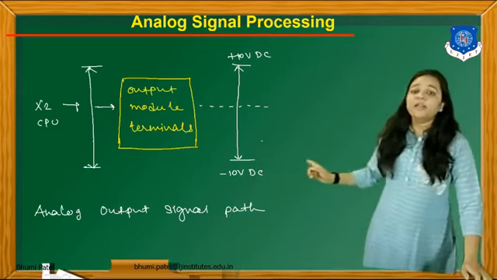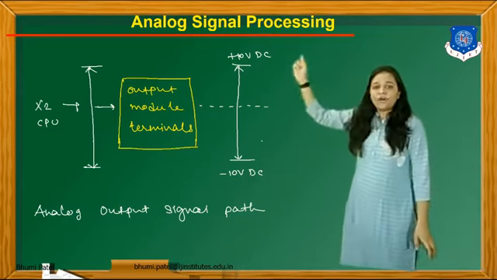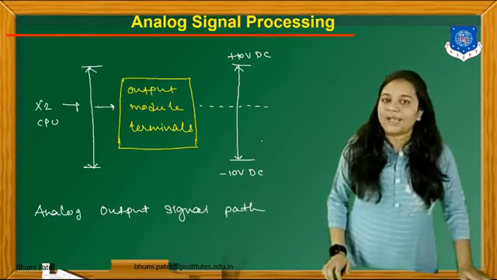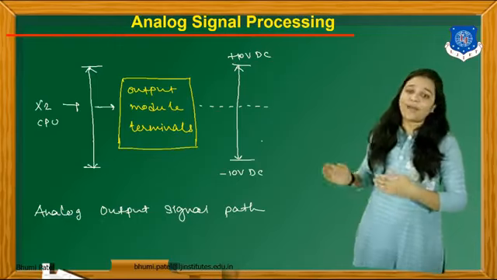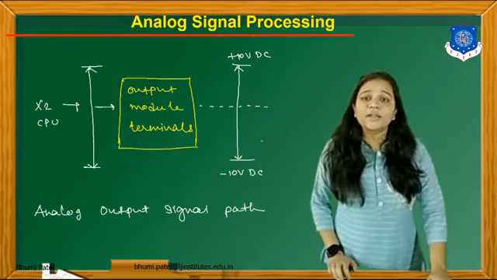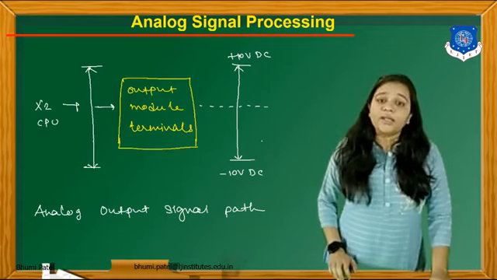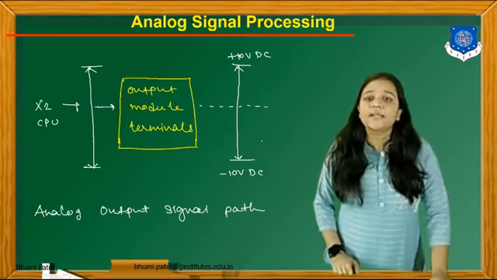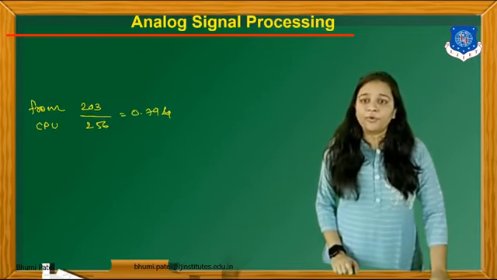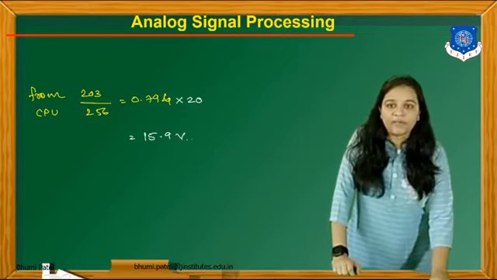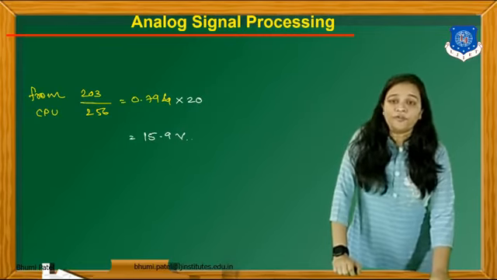If here they had given 0 volt to 10 volt, then the actual value of the voltage would be only 10 volt, but the limit is given minus 10 volt to plus 10 volt. So my indicator will be rotated from minus 10 to plus 10, that is equal to 20 volt.